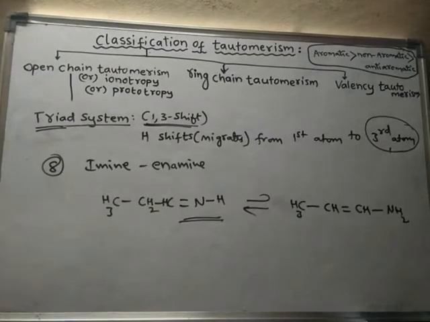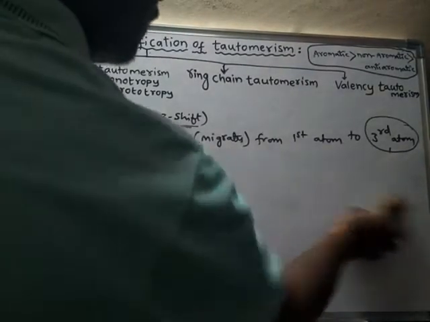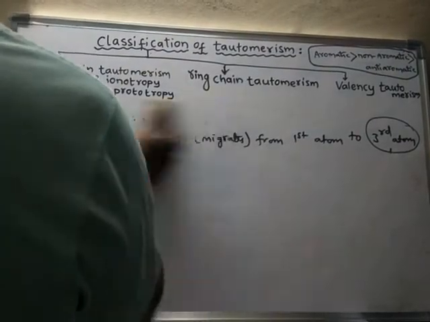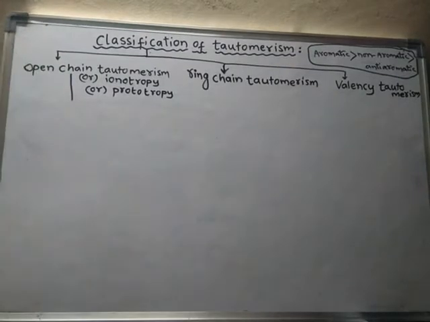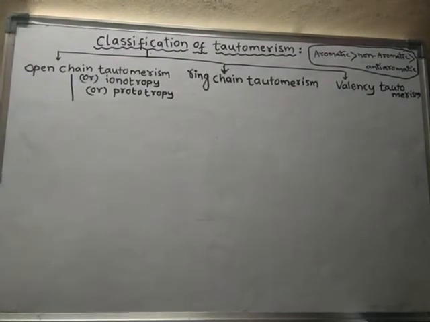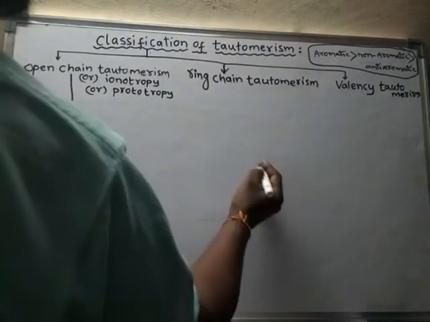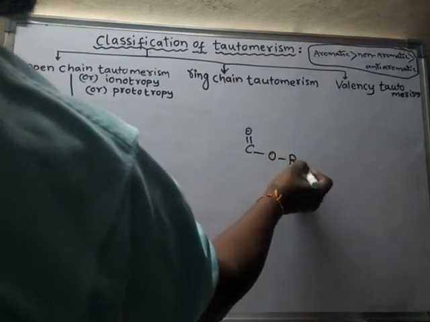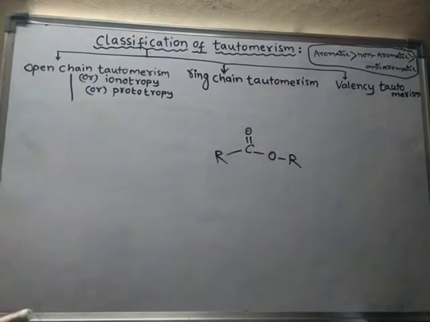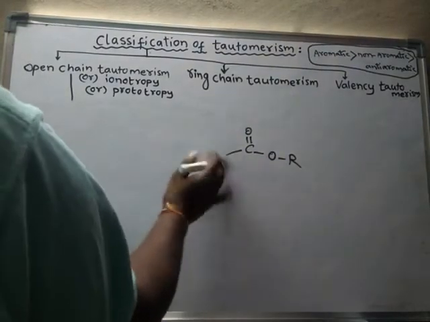Okay, right. One more thing about this type of isomerism. Simple esters do not exhibit tautomerism. So we have to remember one point. Why? Because of lack of sufficient acidity of the alpha hydrogen. So actually this is an ester.